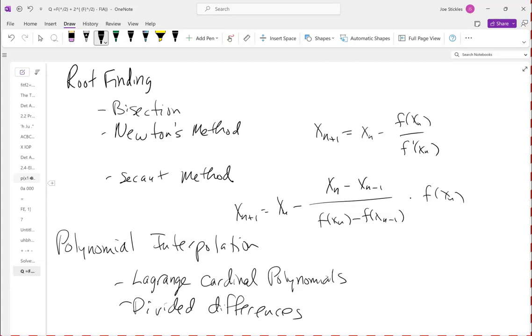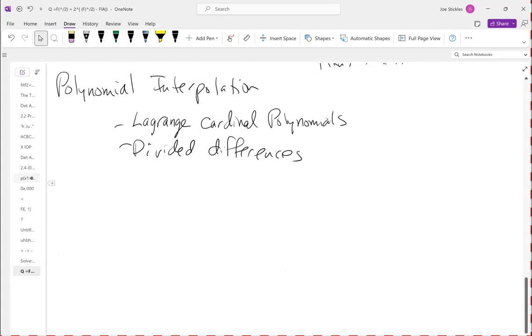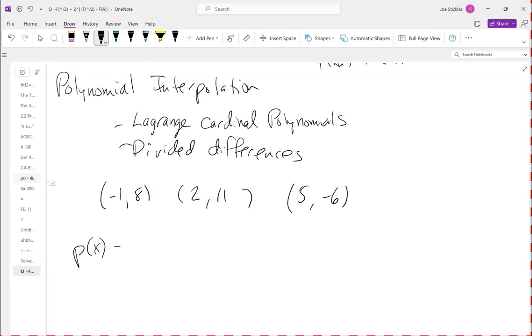What I mean by that is, as an example for the Lagrange cardinal ones, say you had something like the points -1, 8, 2, 11, 5, -6. Just making up numbers as I go along here. If you want to find your polynomial, well, again, I want to create 1 when I plug in -1 and get 8 out, right?